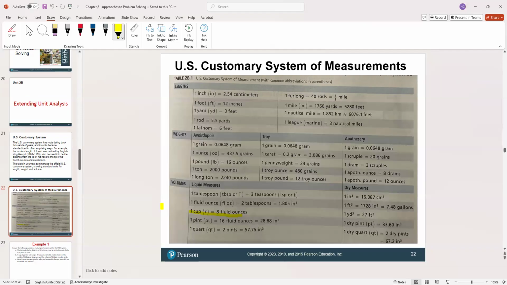We don't expect you to say the distance is in ounces, or in teaspoons, or in grams. In the US customary system of measurements, it would be in miles, feet, or yards, but not in ounces and pounds.